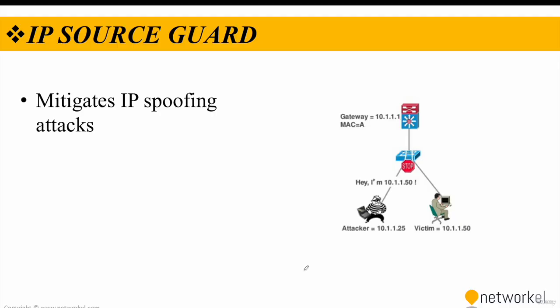When DHCP snooping is enabled, the switch builds a DHCP binding table that records the IP to MAC address mappings of the devices that have obtained their IP addresses from a DHCP server, and IP source guard uses this table to enforce security by allowing only traffic from IP addresses that match the bindings. You can also manually configure IP to MAC address bindings on the switch, and this is useful for devices with statically assigned IP addresses.